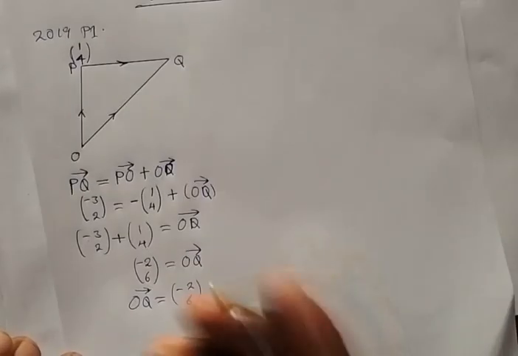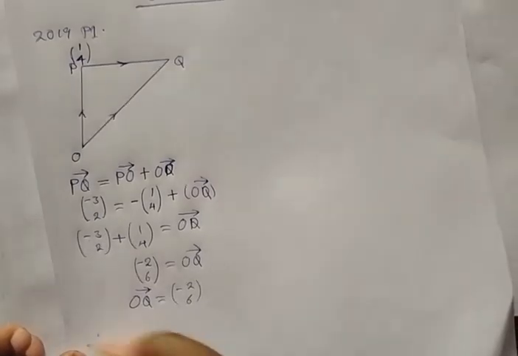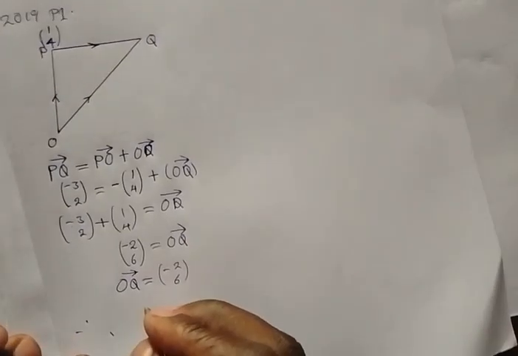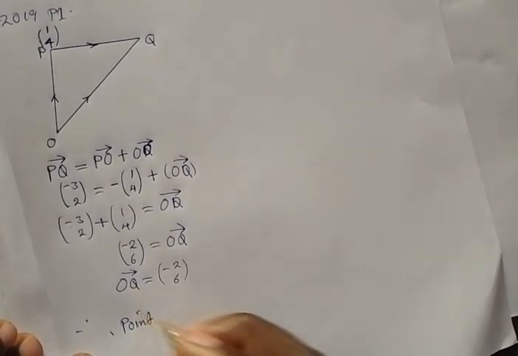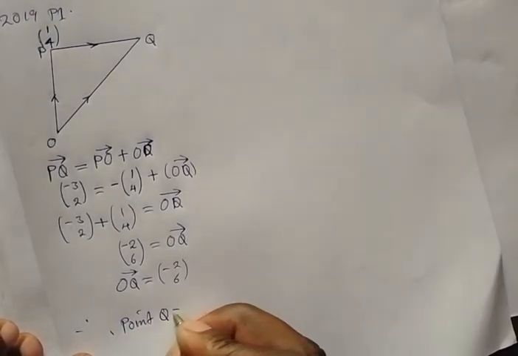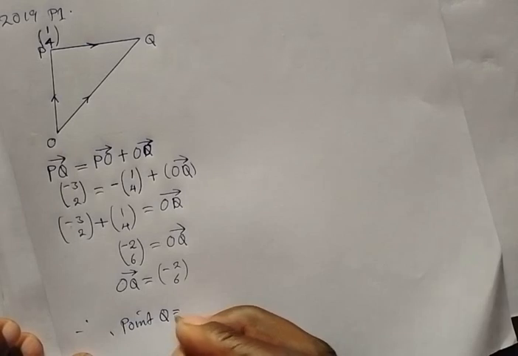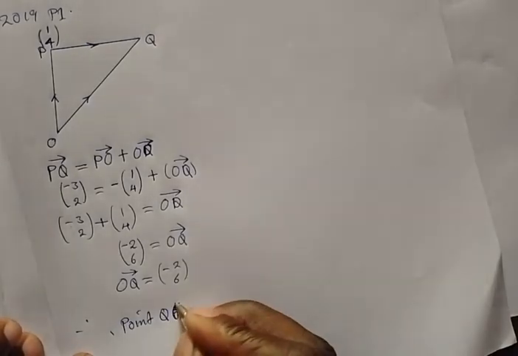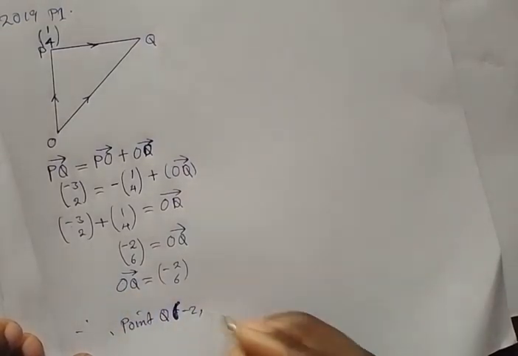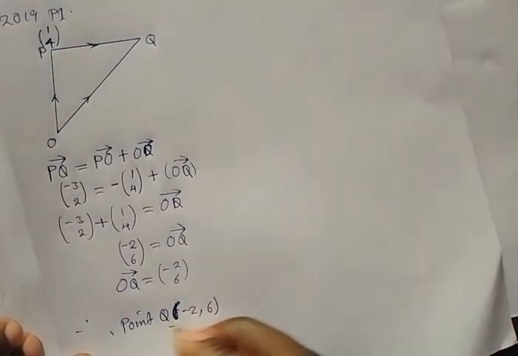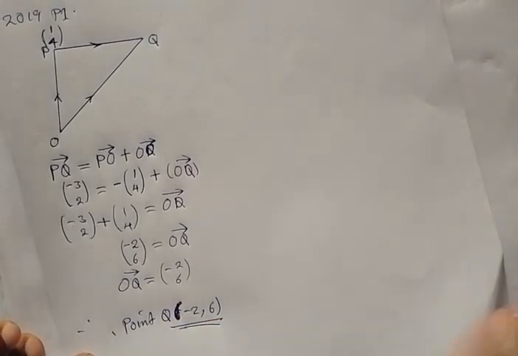Then you can write, therefore, the coordinates of point Q, in brackets, as (-2, 6). So this is your final answer.